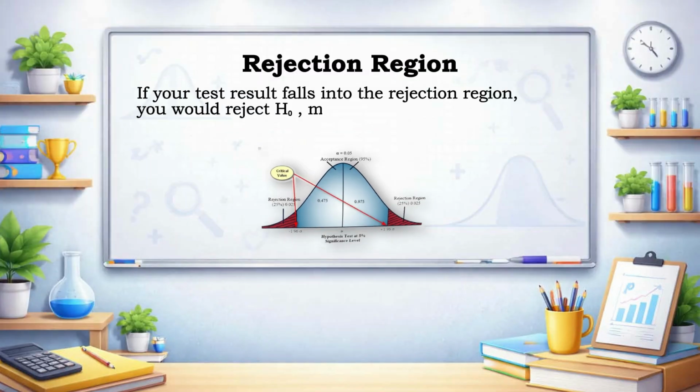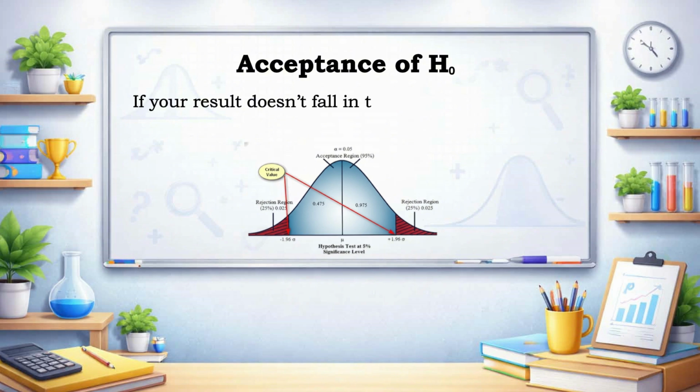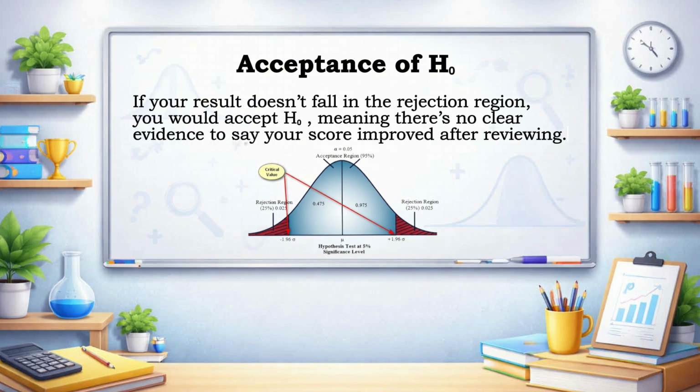If your test result falls into the rejection region, you would reject the null hypothesis, meaning there's strong enough evidence to say that your score improved. But if your result doesn't fall in the rejection region, you would accept the null hypothesis, meaning there's no clear evidence to say your score improved after reviewing online.